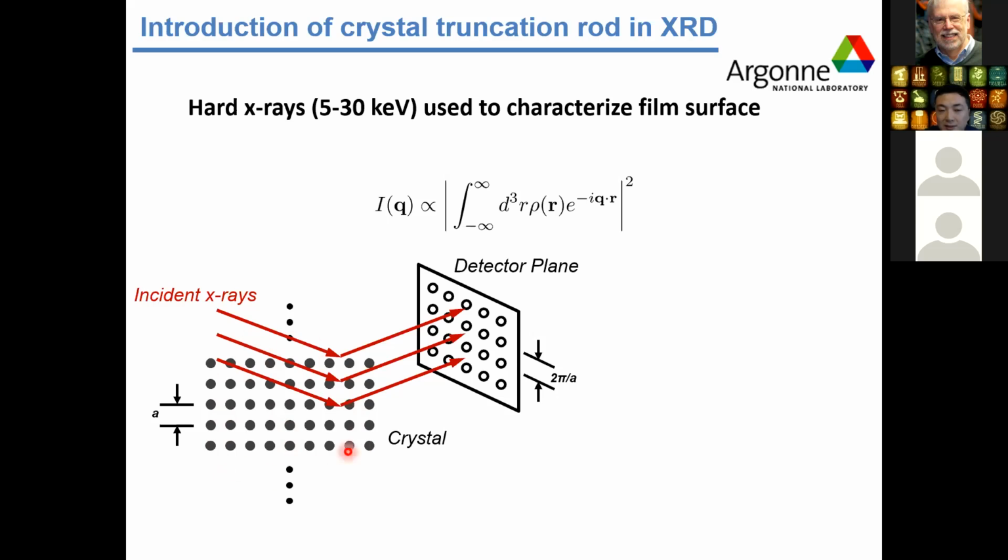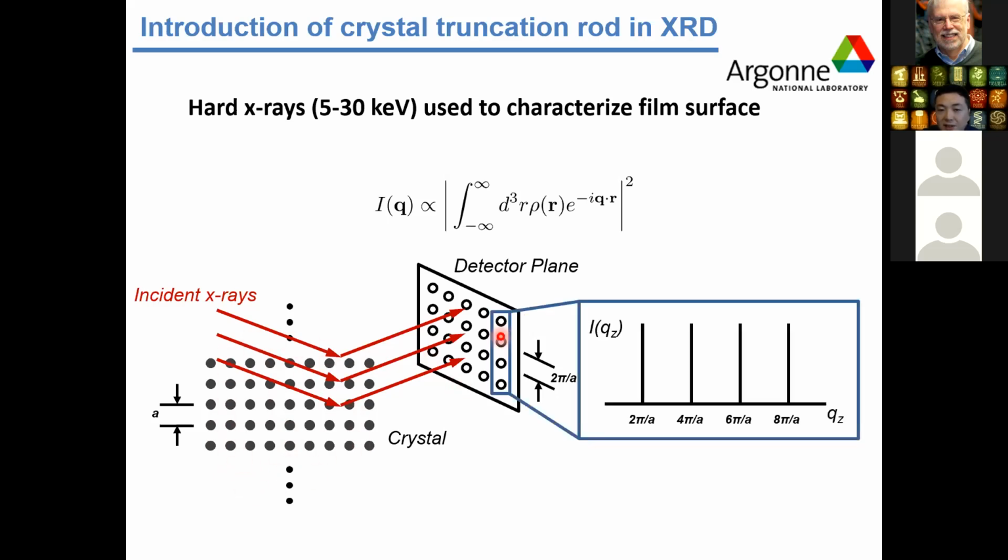If the crystal is infinite, the diffraction should look like delta functions, and these are the so-called Bragg peaks. If you do a scan along a rod in reciprocal space, you will see the Bragg peaks along the rod, separated by 2 pi over a if the lattice spacing is a. That's a typical XRD measurement.